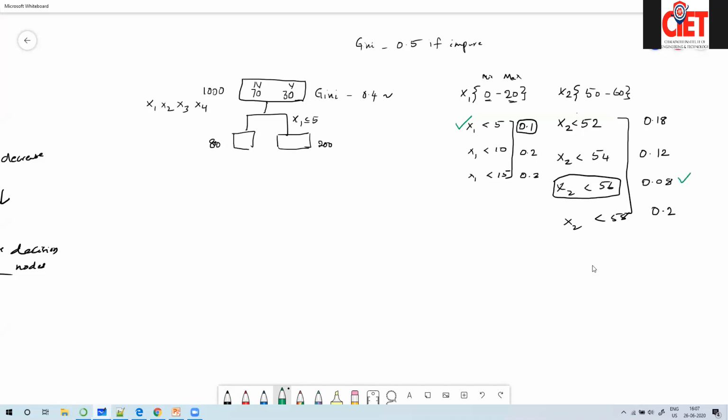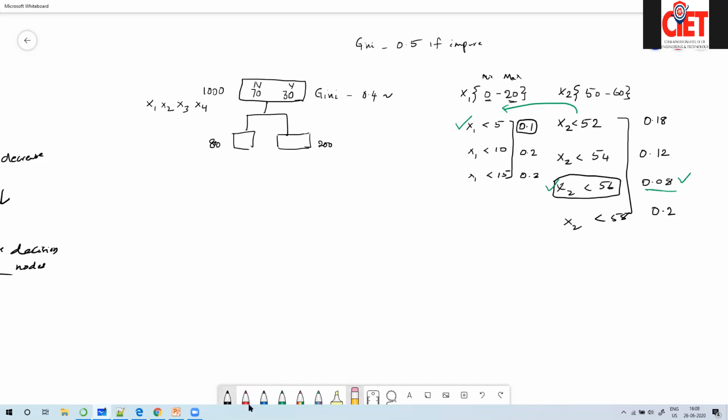Now, if you try to compare between x1 and x2, x2 less than 56 is giving you 0.08. x1 less than 5 is giving 0.1. Among these two, x2 is the best. So we would probably try to divide the data at the root node using the variable x2.